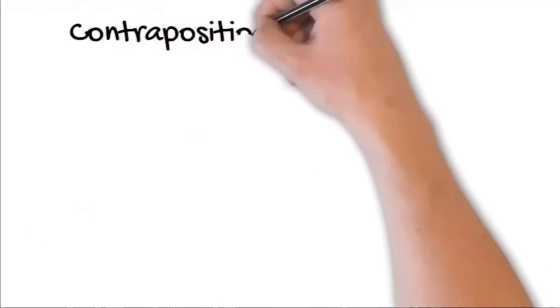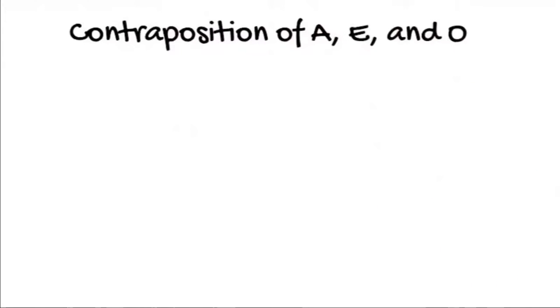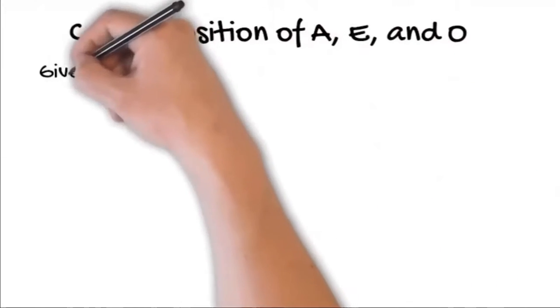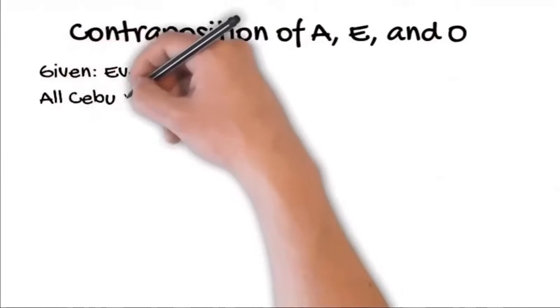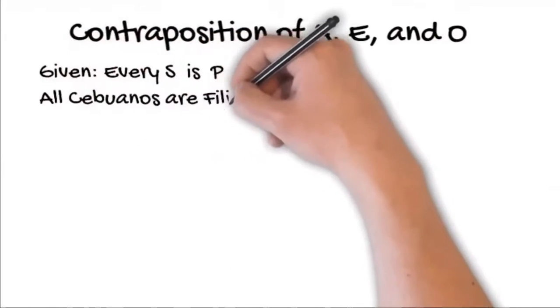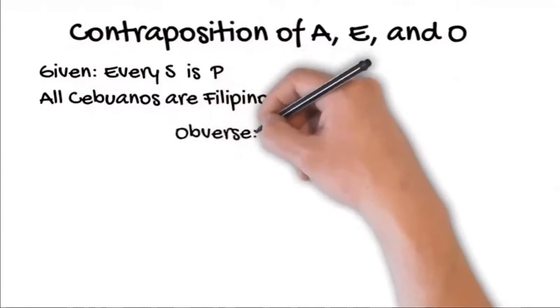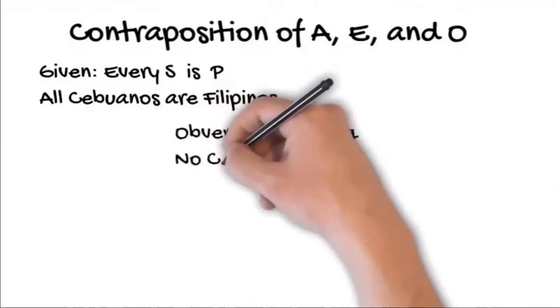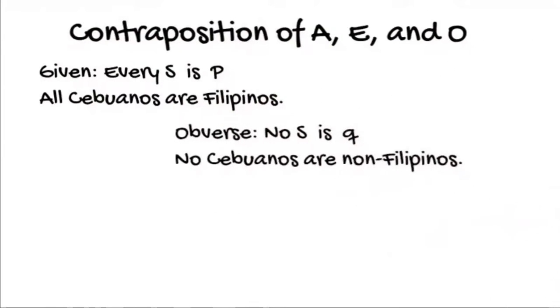So we have now the application of the process. So again, we will start with the given. And our example is all Cebuanos are Filipinos. Then this proposition is obverted. And you'll have no Cebuanos are non-Filipinos.